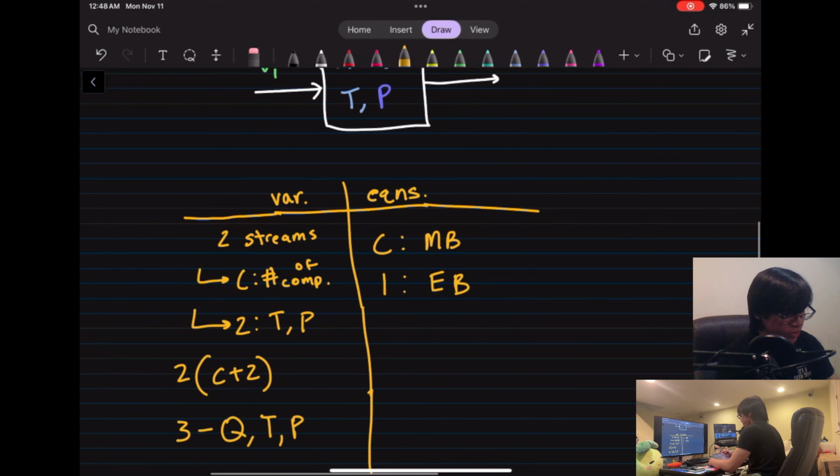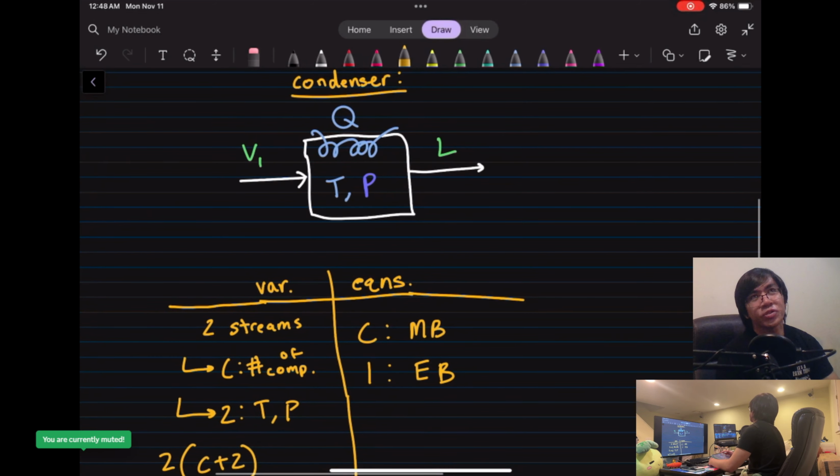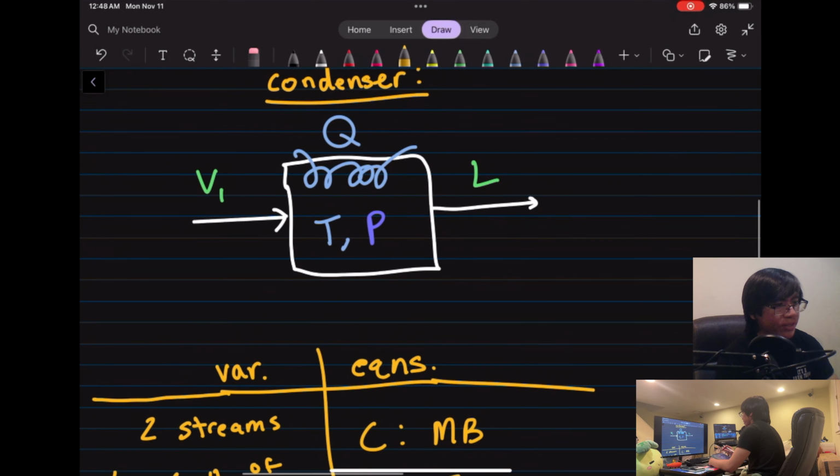Yes, so our temperature and pressure. Usually in our class, or in this case, we're trying to simplify the case where the system has a different temperature and pressure than our inlet, but the outlet has the same temperature and pressure as our system.